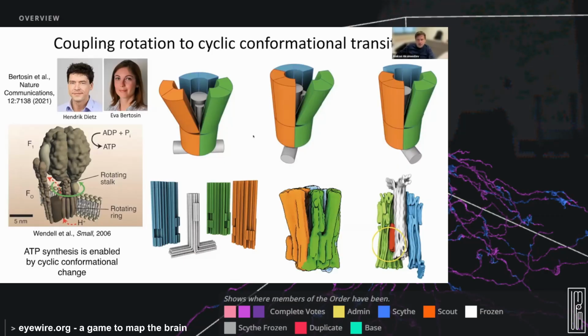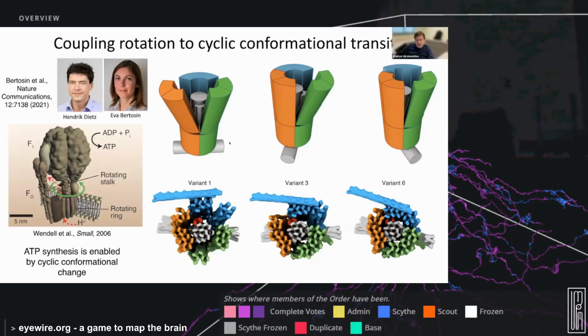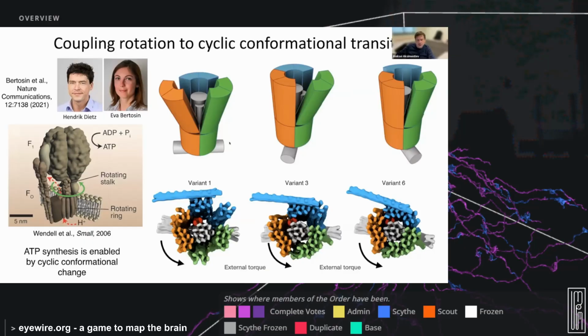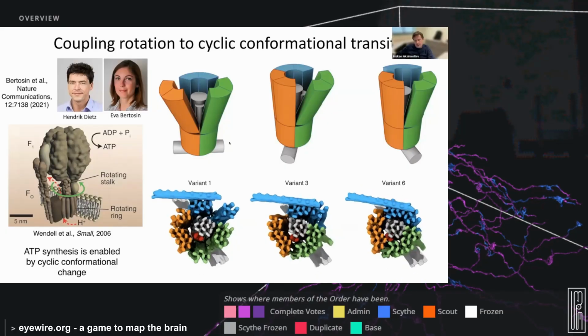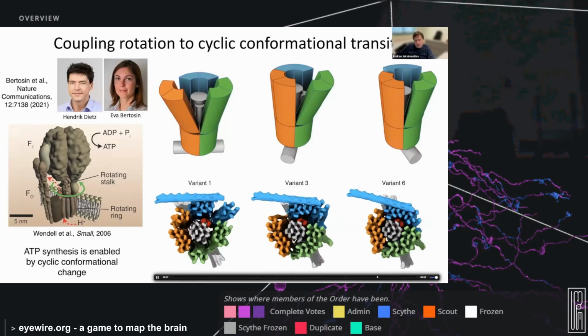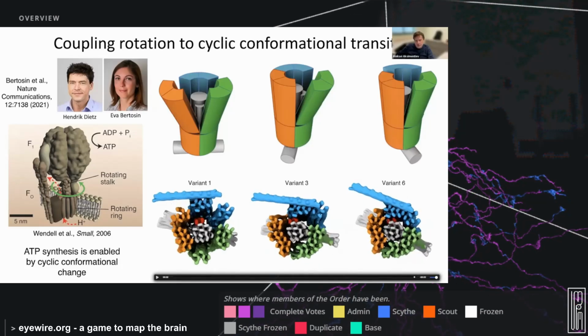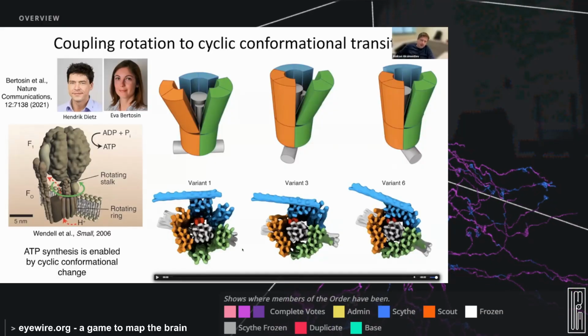Our role here was to probe what happens if we actually apply torque to this construct, whether we'll indeed see the cyclic changes in the conformations, and that's exactly what we saw. You can see that as we rotate the central part, this camshaft induces cyclic conformational changes in the rest of the origami.